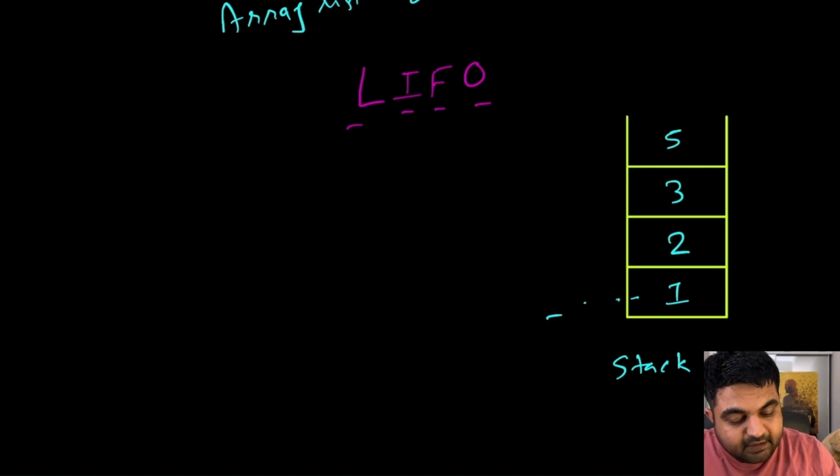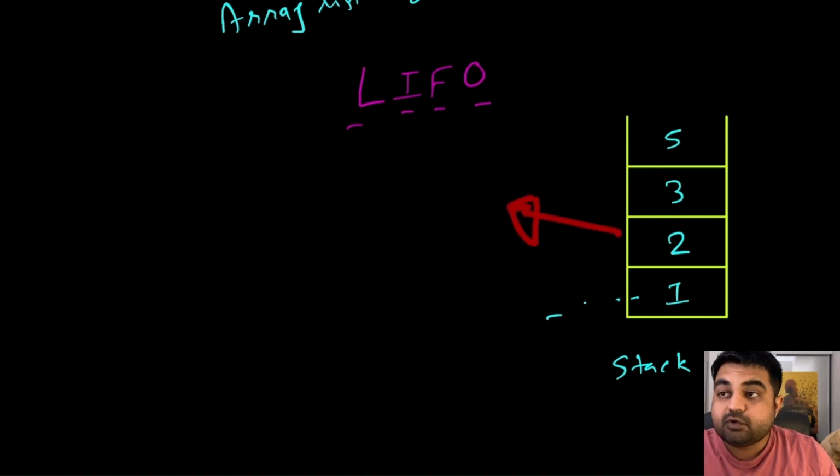Now the moment over here we decide that I want to get one element out from the stack. So the moment we try to do that, we cannot directly access this element 3 or 2 or 1.